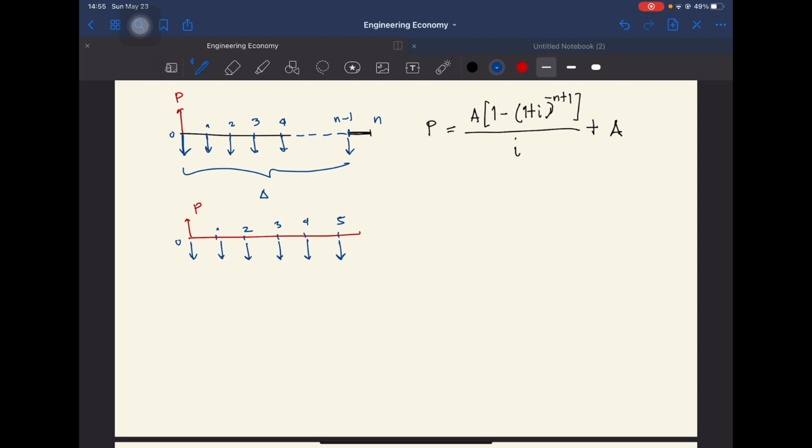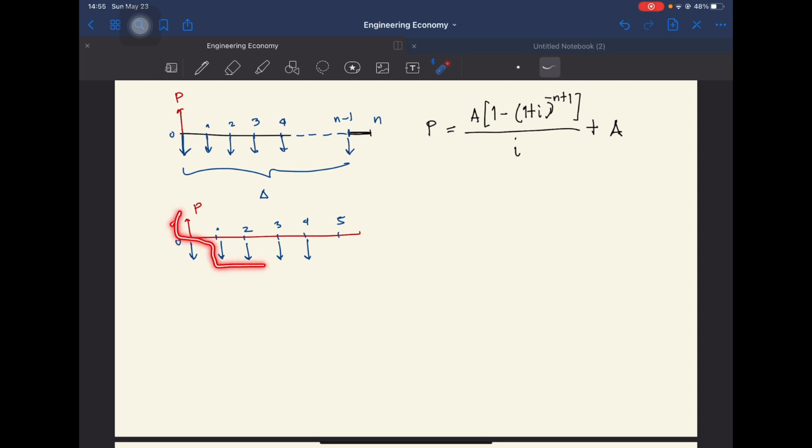Teka, sandali. Yan. That's an annuity due for 5 years. Kapag kinuha mo yung present worth, di ba, dadalhin mo lahat yung kanilang values. Dadalhin mo yung lahat ng values nila doon sa beginning. Tama? Tapos mag-a-add-addin mo.